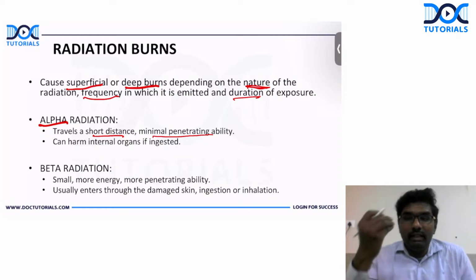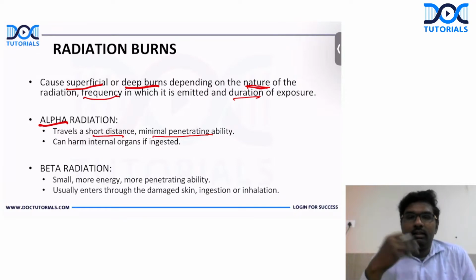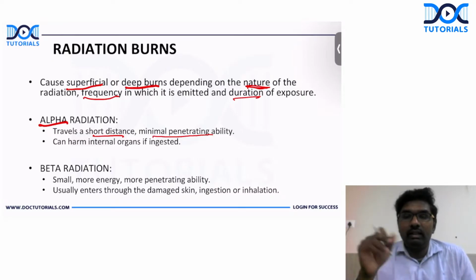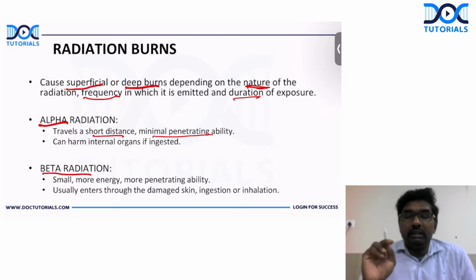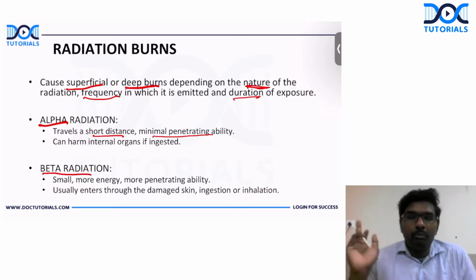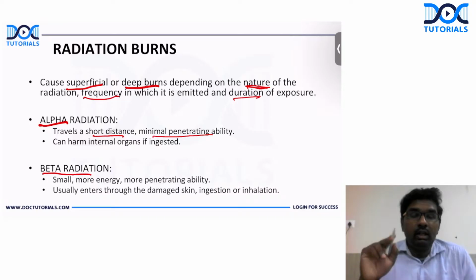But if any substance that is emitting alpha radiation is accidentally ingested, this can cause internal organ damage also. Coming to the beta radiation, these are small particles having more energy and more penetrating ability.